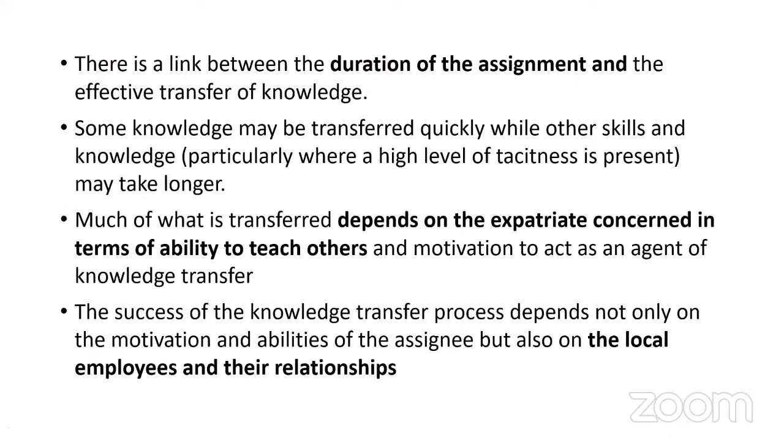Then, there is a link between the duration of the assignment and the effectiveness of transfer of knowledge. Some knowledge may be transferred quickly, while other skills and knowledge, particularly where a high level of tacitness is present, may take longer.